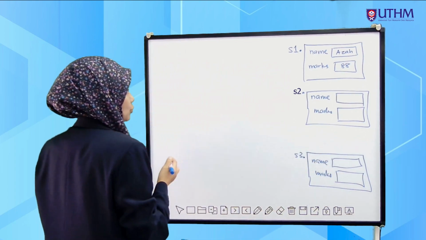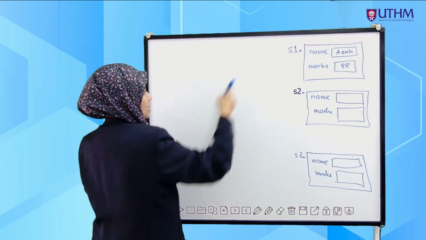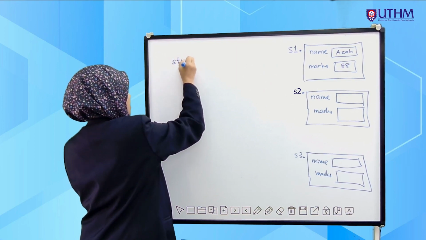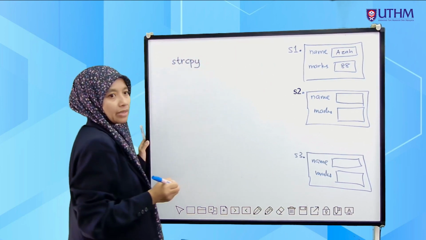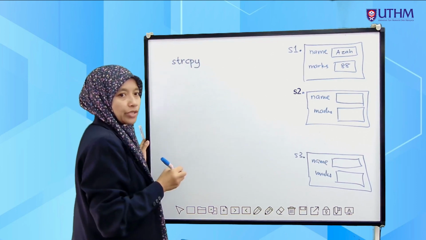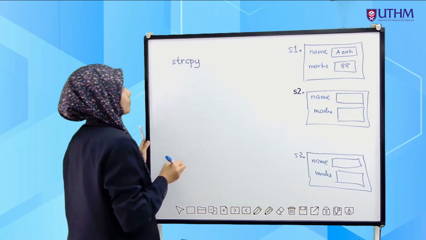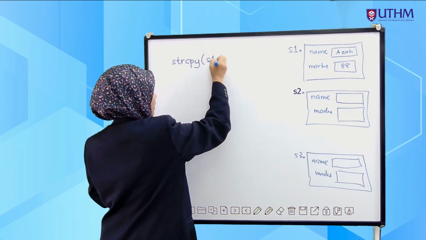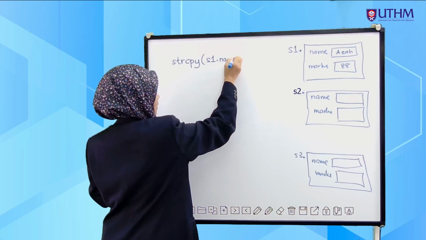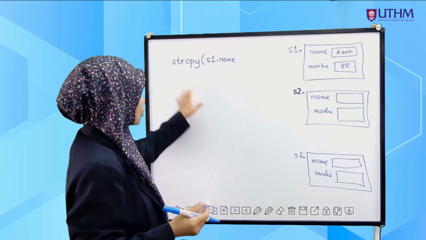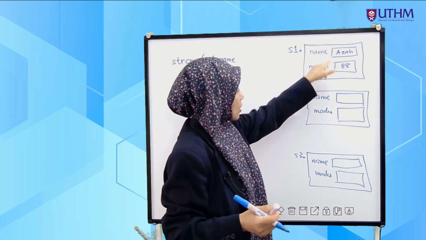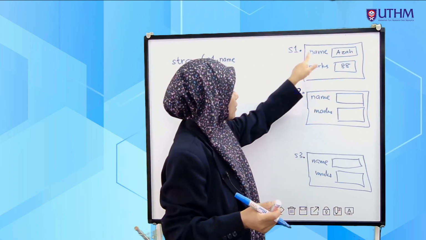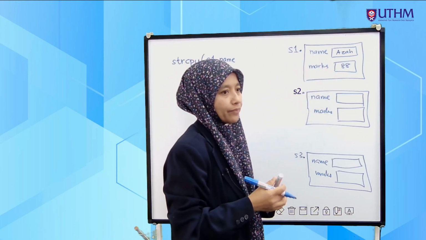What am I supposed to do? For an array of characters, I can use the string copy function, strcpy. Make sure you include the string header file in your code. Where is the destination? S1.name. Remember, to access each of these destinations, you must use the dot operator.